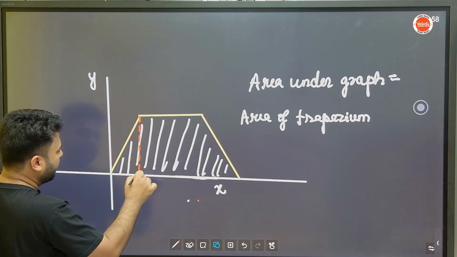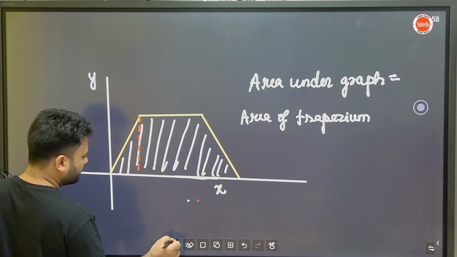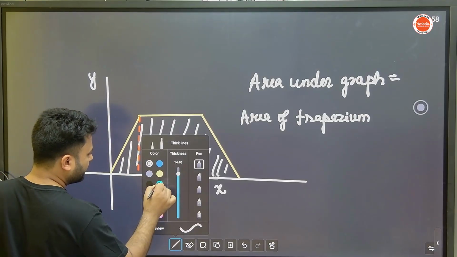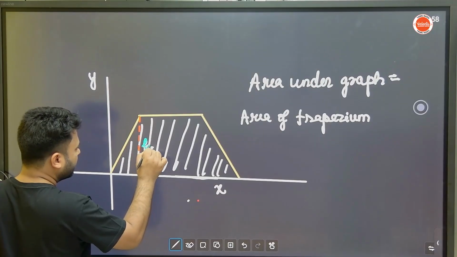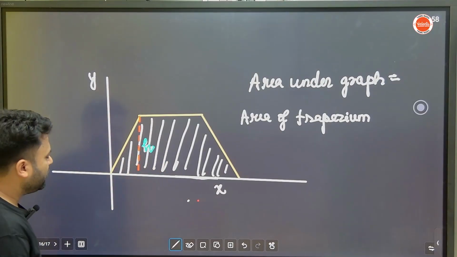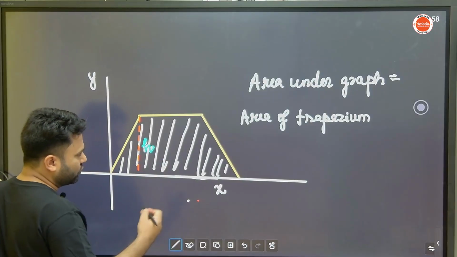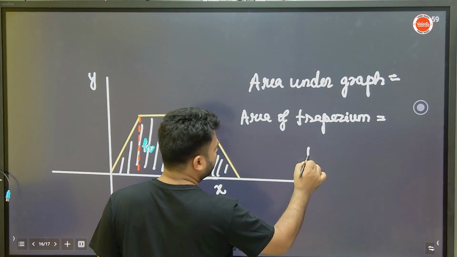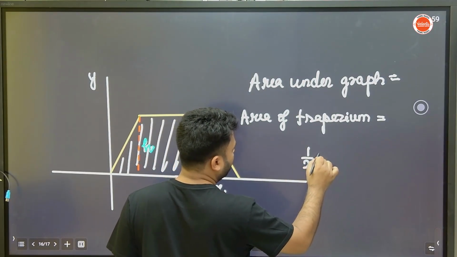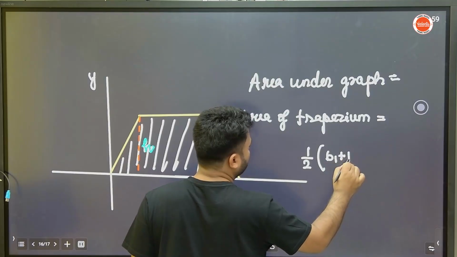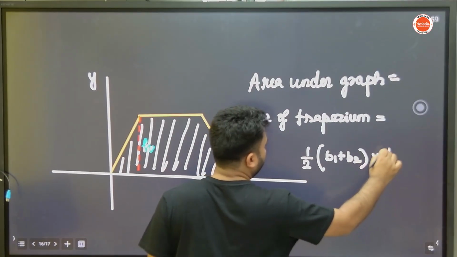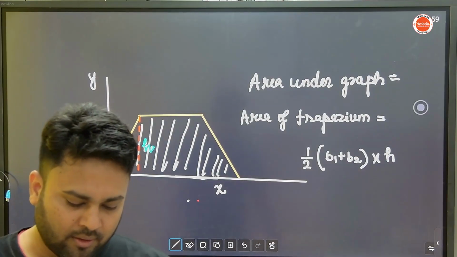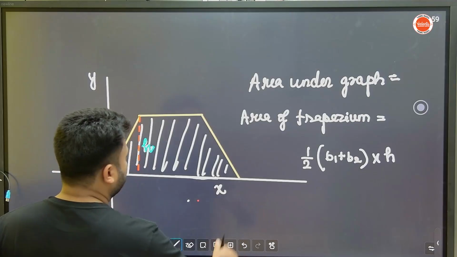Those who don't know, I will tell: the area of a trapezium is half into base 1 plus base 2 into height. Half base 1 plus base 2 into height.